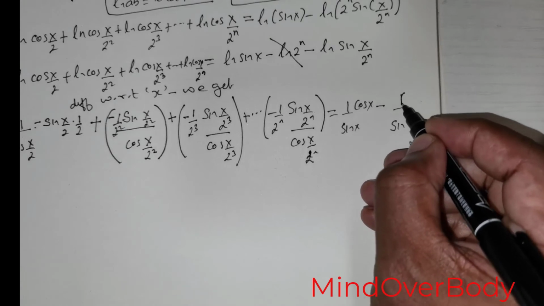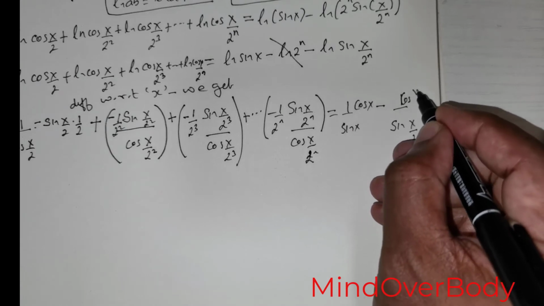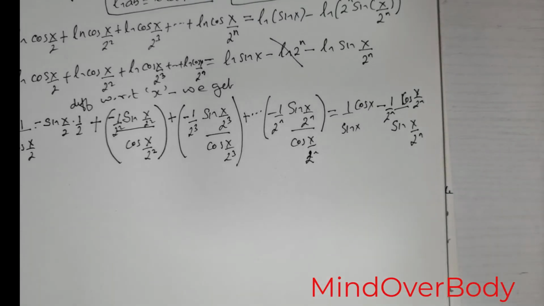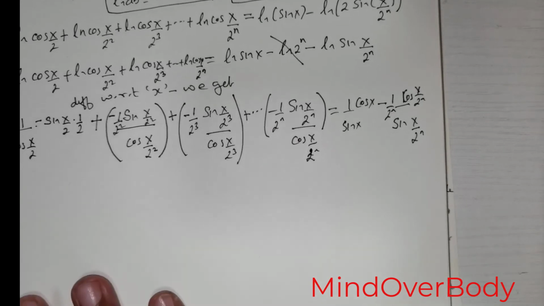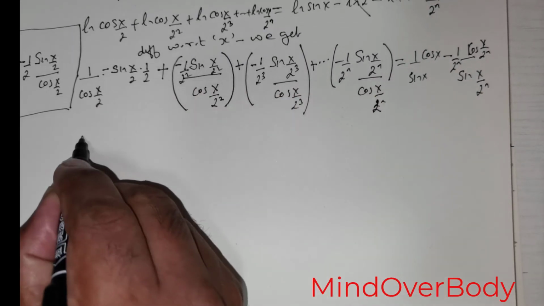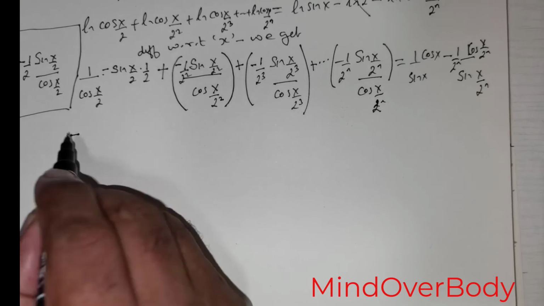So I'm going to write it over here. So cos(x/2)^n times 1 over 2^n. So this is what I would get. So now I got a negative sign, negative sign, negative sign, negative sign. So I'm going to take that negative sign out.